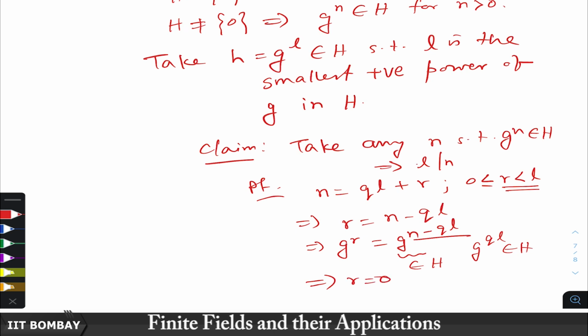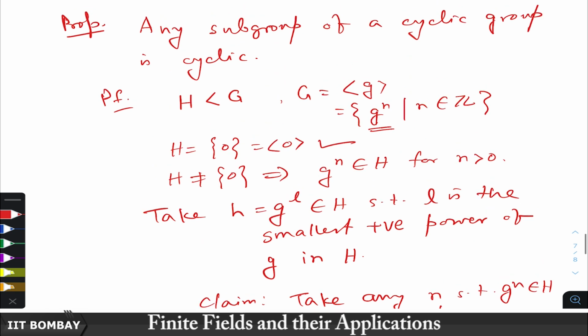That proves the result, that any subgroup is generated by the smallest positive power of g in H. So, this proves that any subgroup of a cyclic group is cyclic.